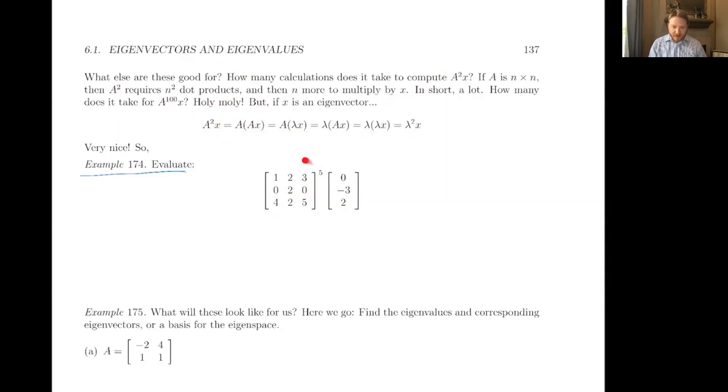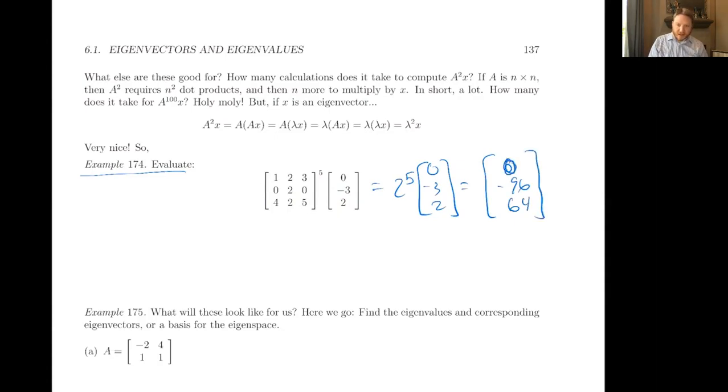This is a matrix whose eigenvalues I know, and this is the eigenvector I just computed. So this is just 2 to the 5th times 0, -3, 2, which is 0, -96, 64.